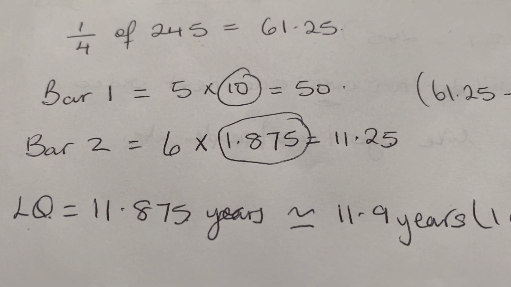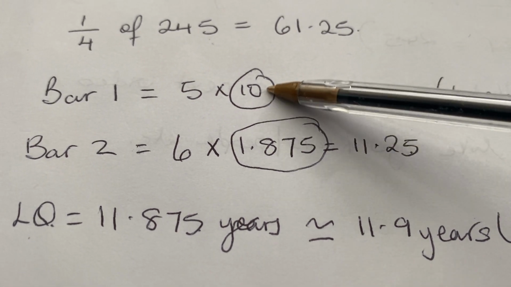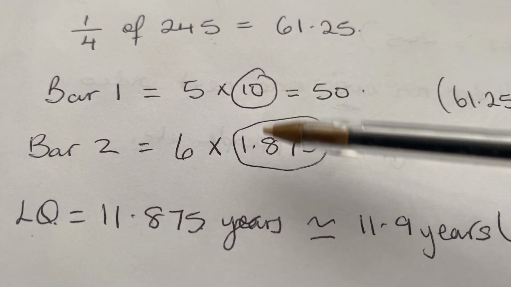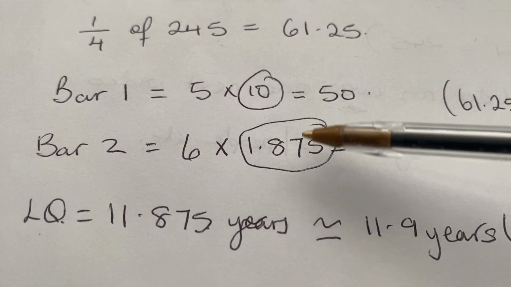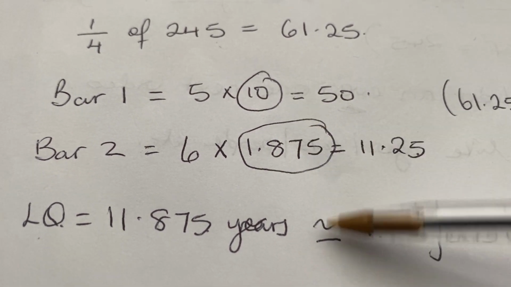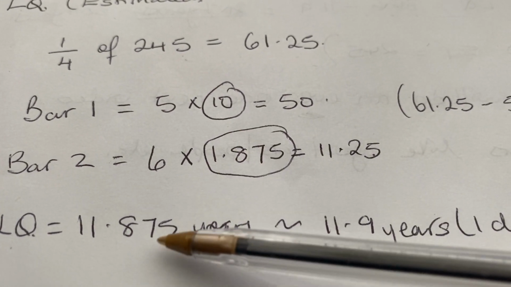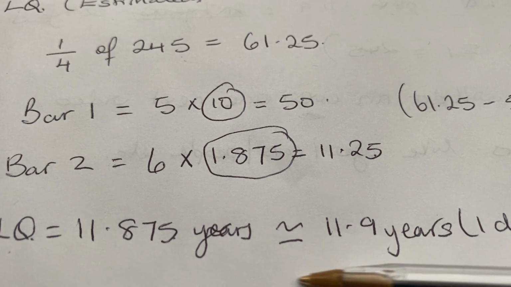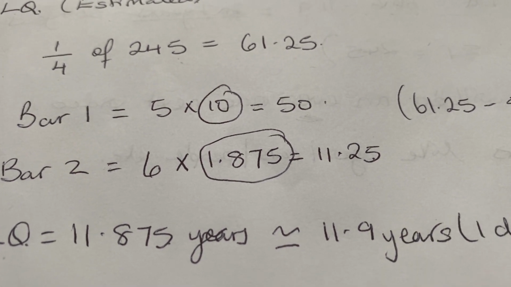So when we do that, we are going to get a lower quartile of 11.9 years. Here again, that is a class width of 10, and another class width here. So you can add the class widths up, and when you add them up, you get 11.875, which is approximately 11.9 years.